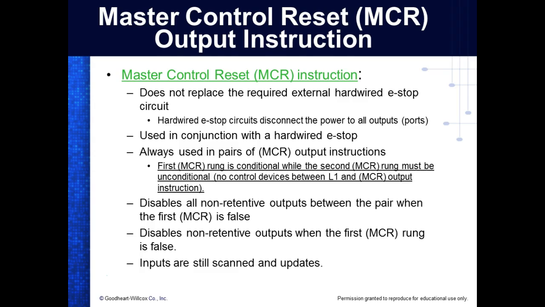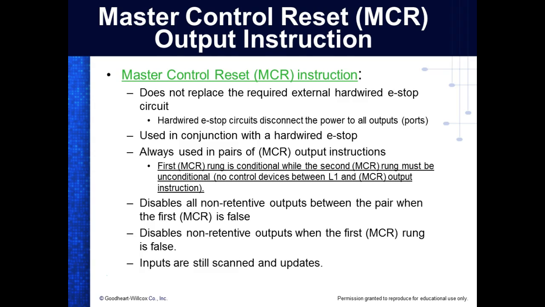So we'd use what we call a latching relay. A latching relay has 2 coils. One of them's called latch, one of them's called unlatch. If you latch it and you lose power to the latch, those contacts stay closed or open, depending on whether they're normally closed or normally open.